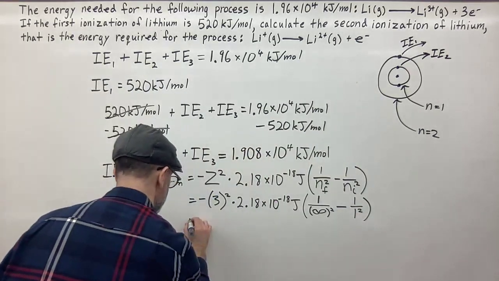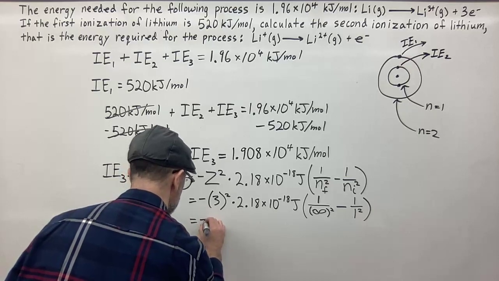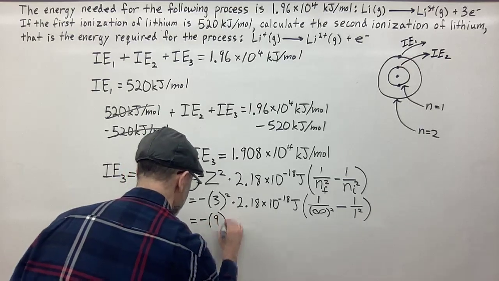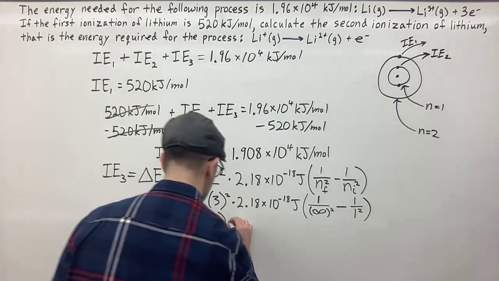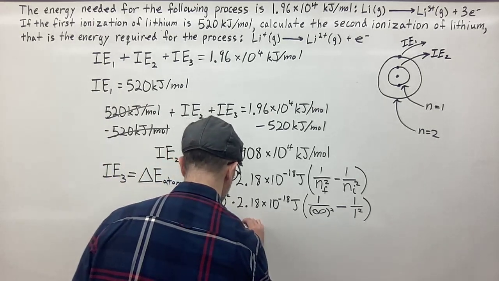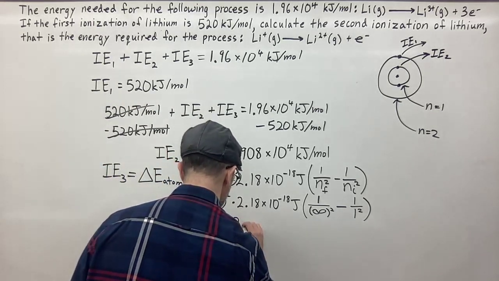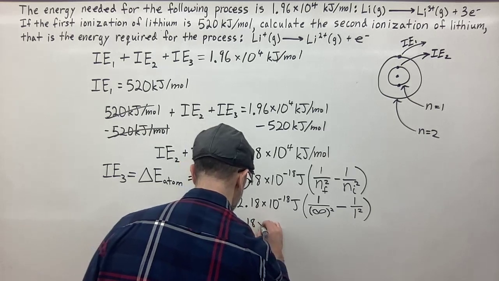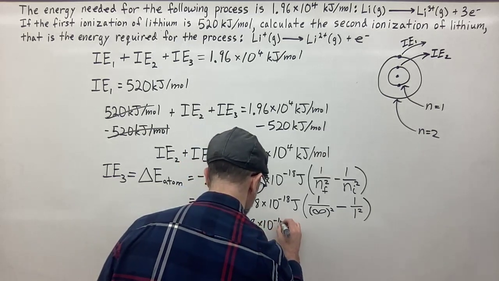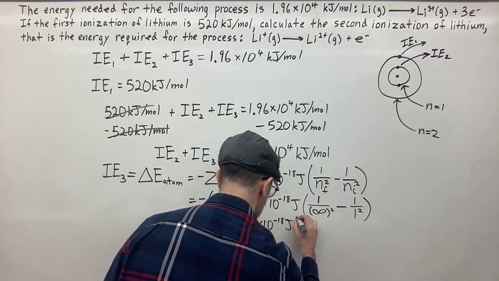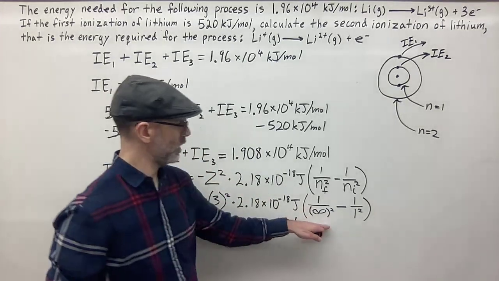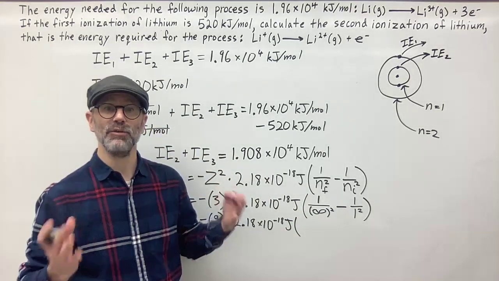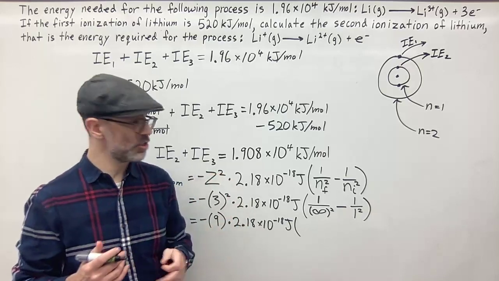And then if we simplify this a little bit, this is going to be negative 9 times 2.18 times 10 to the negative 18 joules multiplied by, well, what is 1 divided by an infinitely large number?